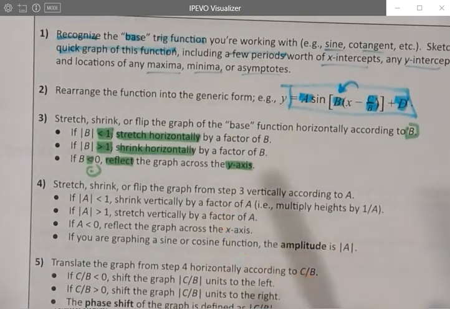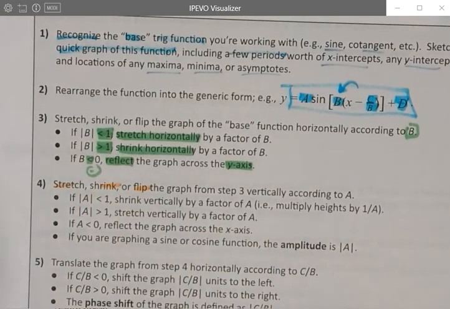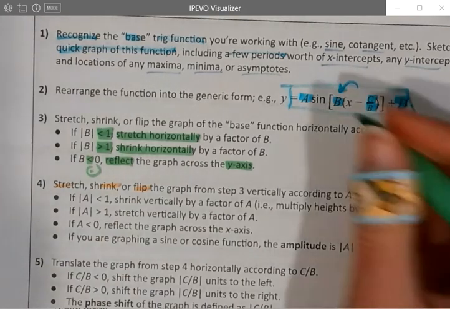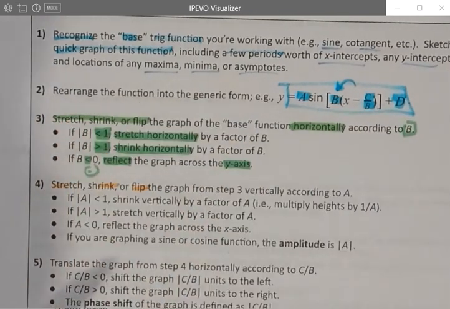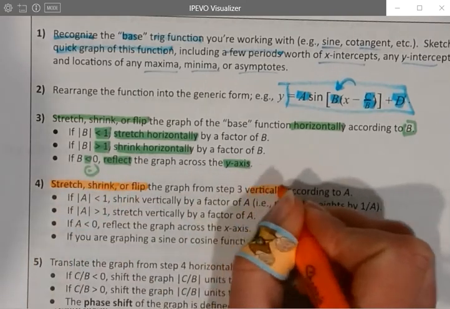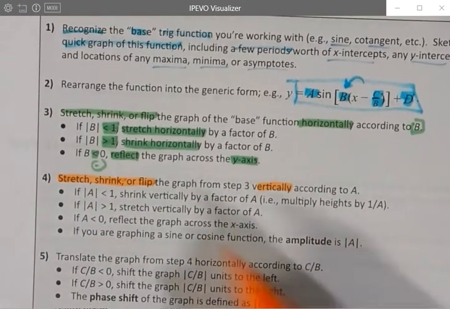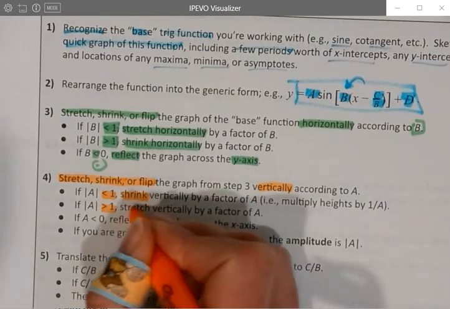That's fine. So then we're going to stretch, shrink, or flip the graph vertically. The previous part was all horizontal, because those were interchanges, stretches, shrinks, and flips. Next, we will stretch, shrink, or flip vertically according to A. If A is less than 1, shrink. If A is greater than 1, stretch.